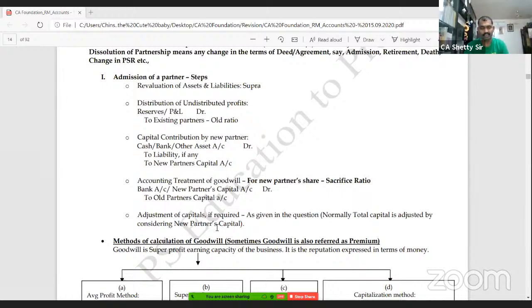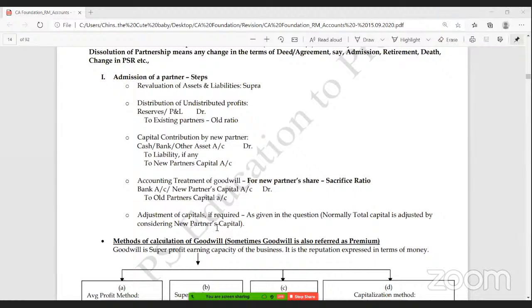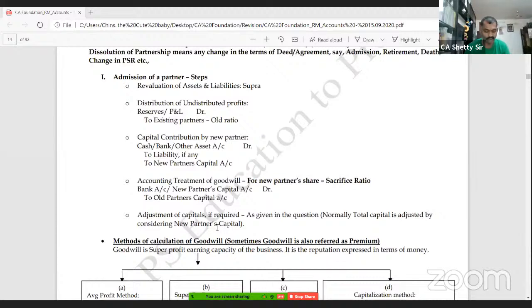Example 3, hypothetical. Building 100 lakh. Building loan. He is a very good person. He has got a very good name in the market, so you want to take him as a partner. But he has got a building and a building loan. So what entry?